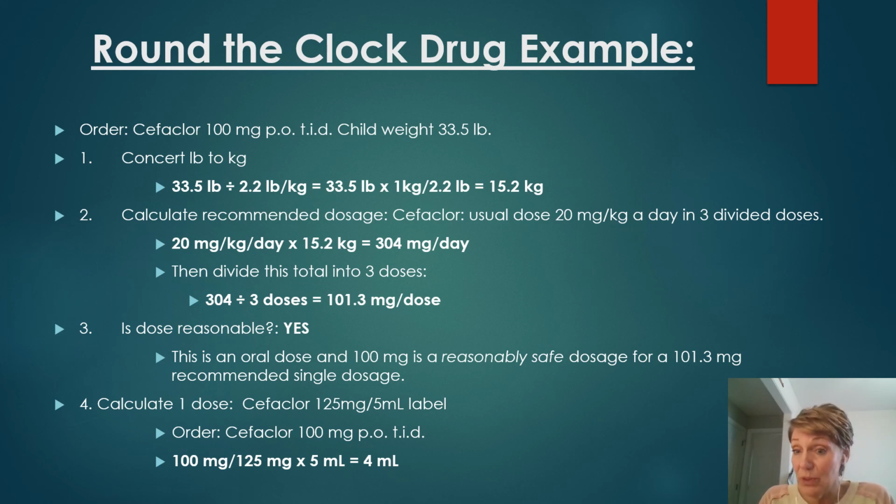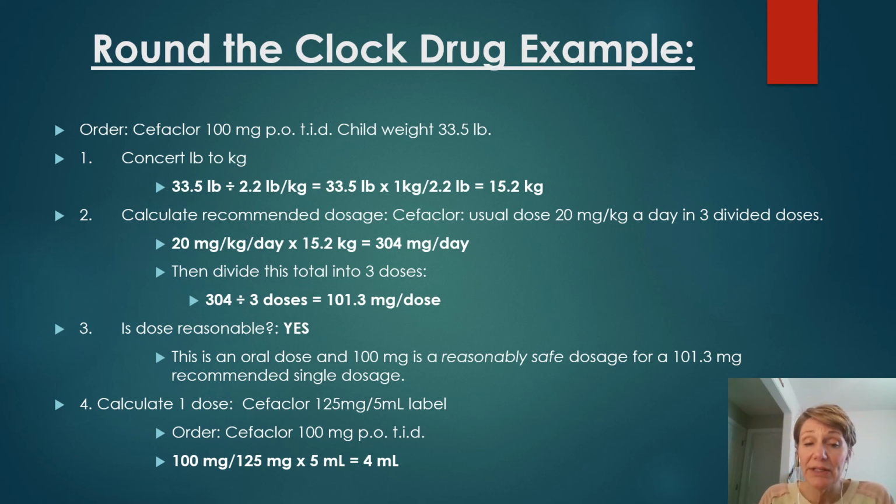This is repeating what we have done above, and then we'll see what we would administer. What we found in this process in 3 divided doses would be 101.3 milligrams per dose. Is this dose reasonable? And as we said, yes. 100 is reasonably safe. For a dosage of 101.3 as a single recommended dosage, we are okay.